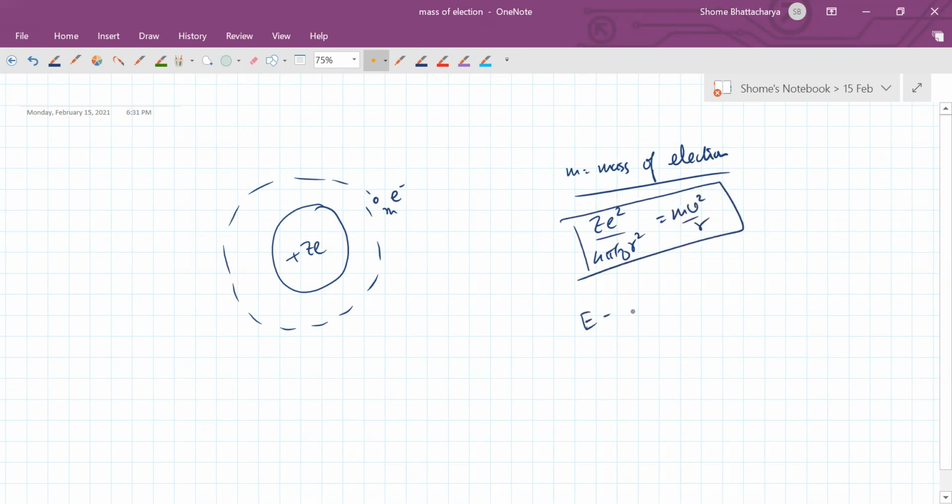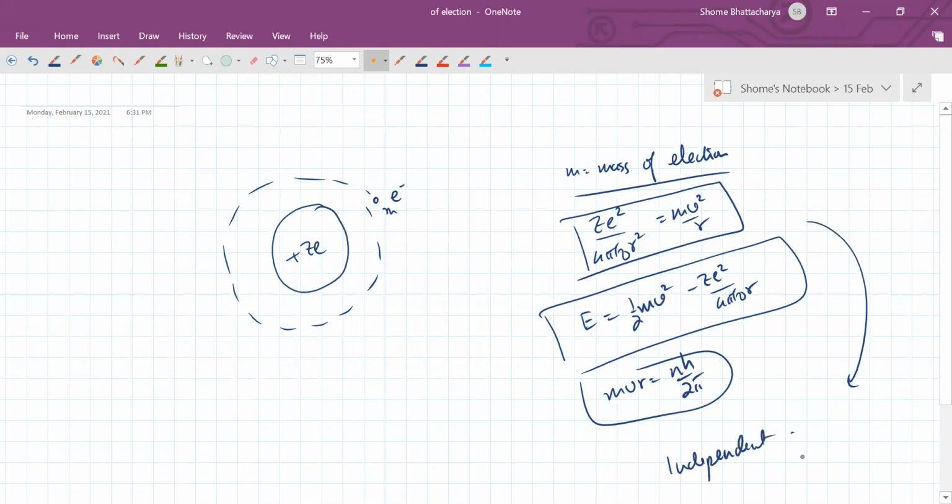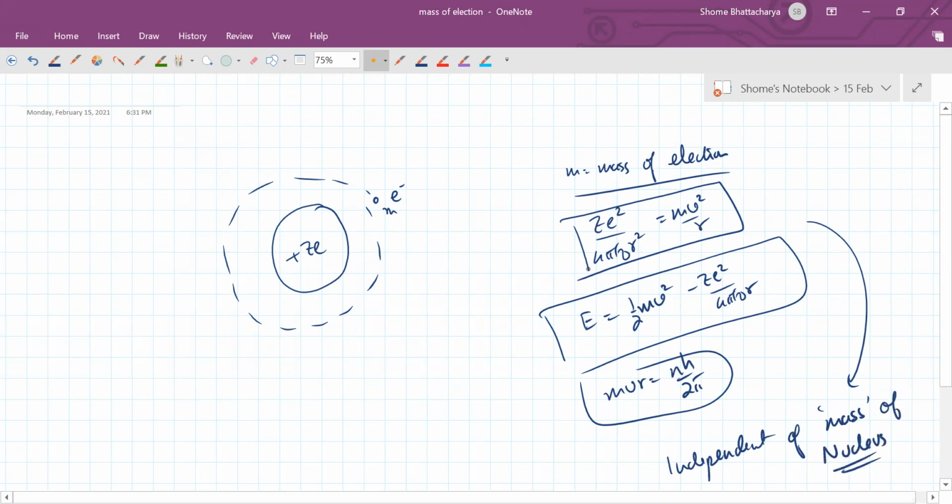The energy is half mv square minus Ze square upon 4 pi epsilon naught r, and you have mvr equal to nh by 2 pi. So you can see that this entire derivation is independent of the mass of the nucleus. It only depends on the charge of the nucleus and the mass of the electron. Is that correct?